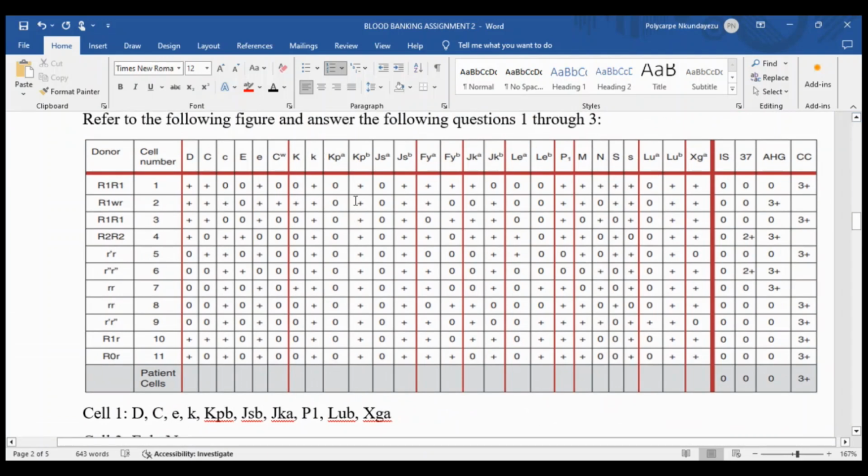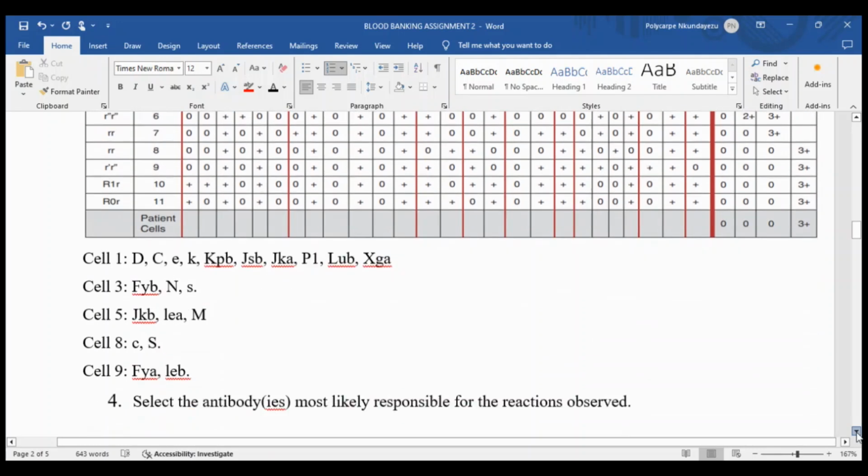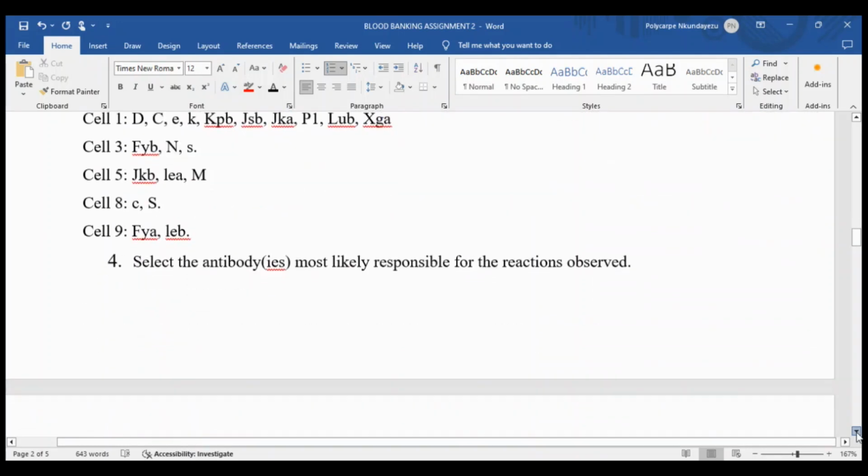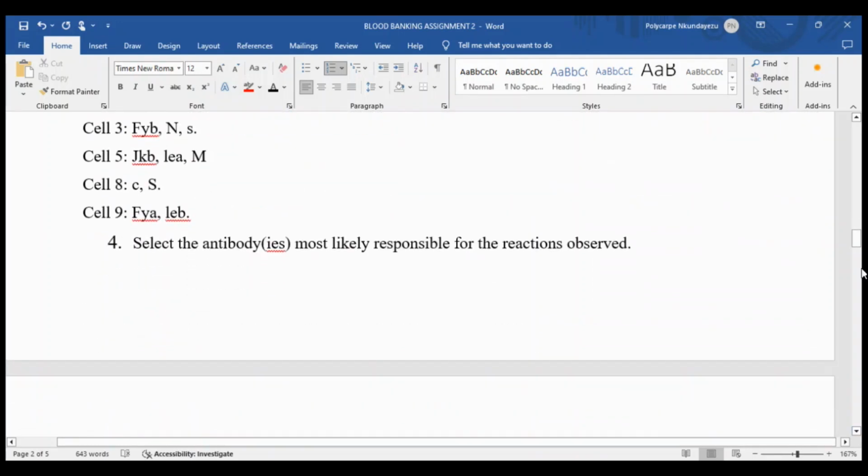So I sent you this panel in order to answer the following questions, 1 through 3. So we have this panel cell, a very huge one, and we have questions 1 through, of course, 4, 5, 6, 7. Select the antibody most likely responsible for the reaction observed.